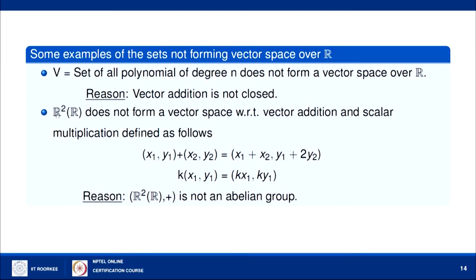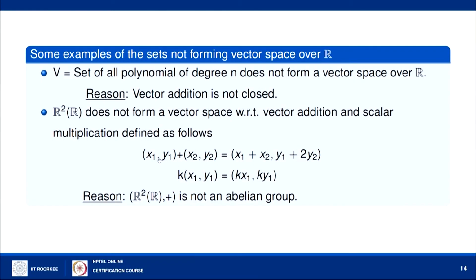Similarly, if you take R2, we have seen in an earlier example that with the usual addition of vectors in R2 and the usual multiplication by real numbers, it forms a vector space.